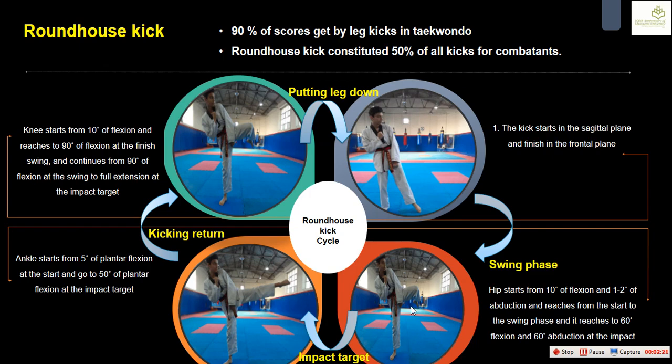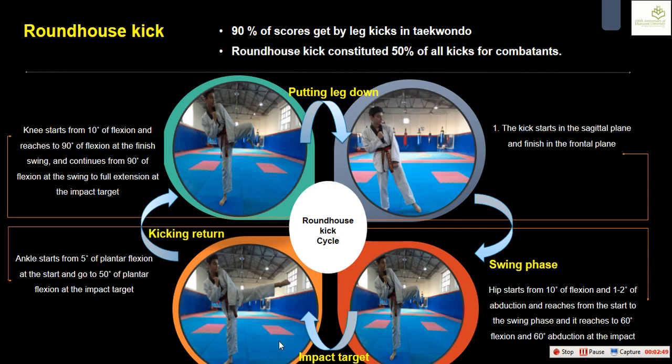In this cycle, the hip starts from 10 degrees of flexion and 1 to 2 degrees of abduction, and reaches 60 degrees of flexion and 60 degrees of abduction at the impact target.